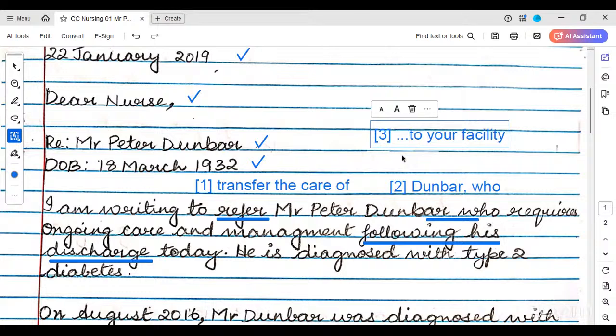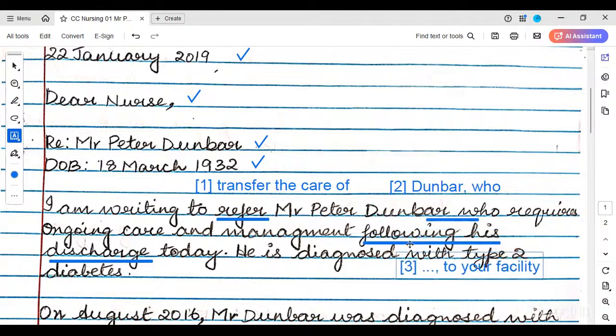So that is how you'll be using it here, point number 3. Okay, fine.